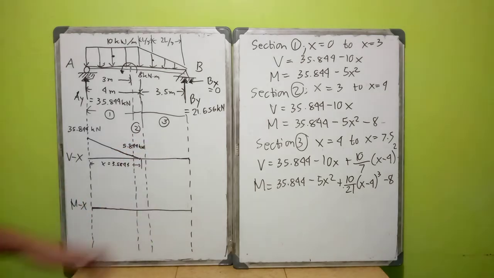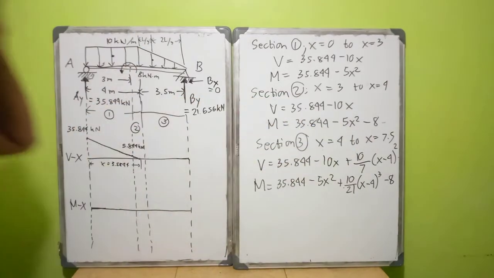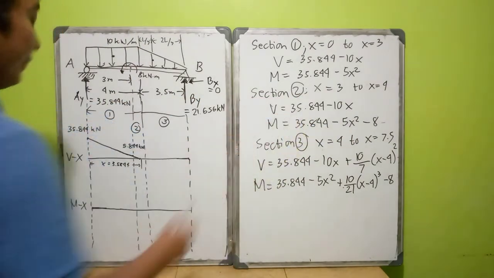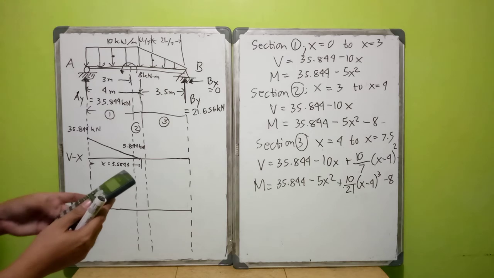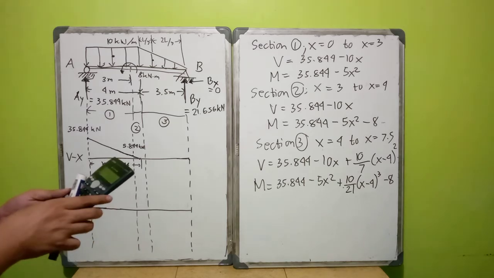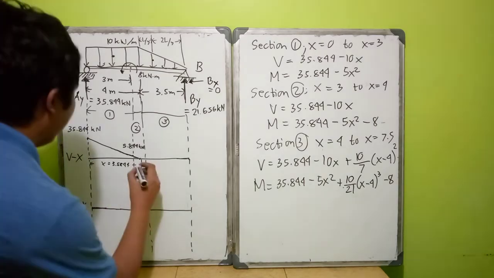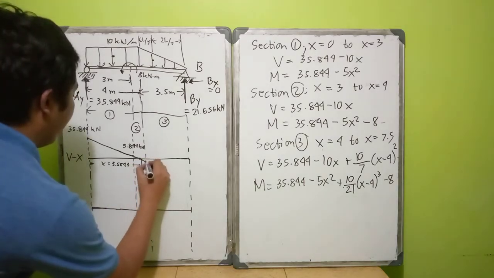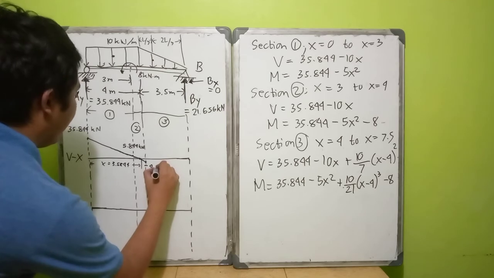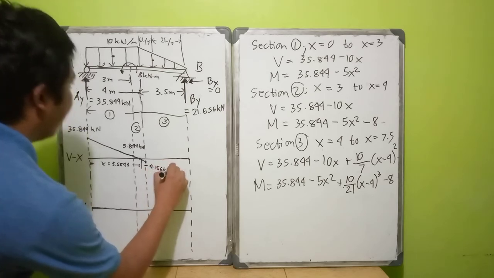And then at the end, at x equals 4, we substitute: 35.844 minus 10 times 4 is negative 4.156. So it will be negative 4.156 kilonewton here.